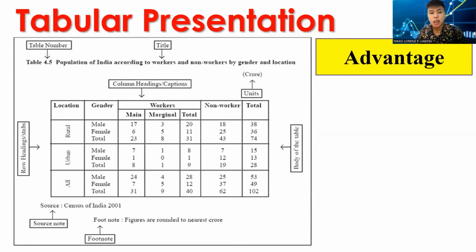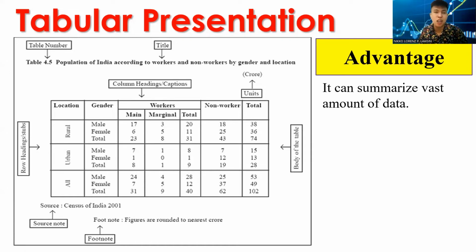The next one, in terms of the advantage of using table. Number one, it can summarize a vast amount of data. So as you can see, if you will be organizing a vast amount of data, table is the best choice because it can summarize through its column header and row header.